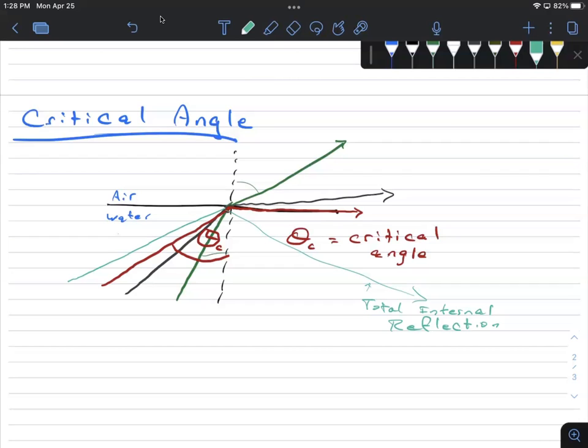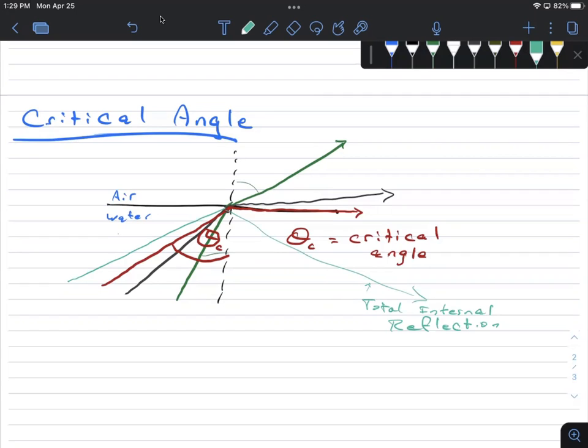But because of that, there's a chance that you could shine at a particular angle whereby the light doesn't leave into the second material, but skims the surface. That very particular angle is what's called the critical angle. Any angle bigger, the light actually reflects back as if it's a mirror. Any angle smaller, it leaves the material into the second.